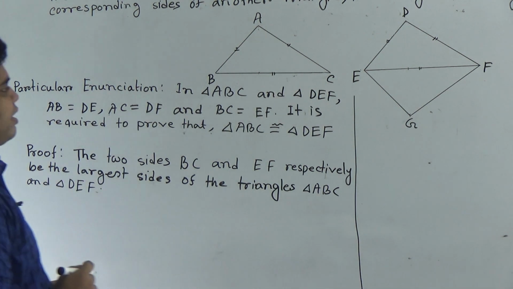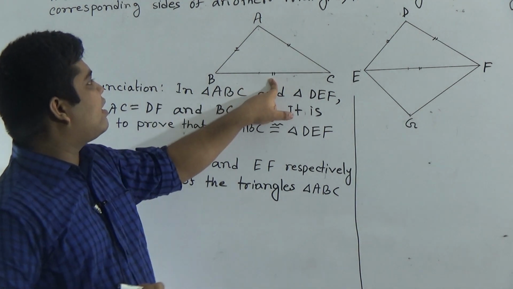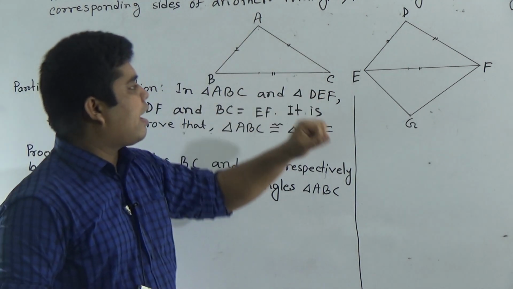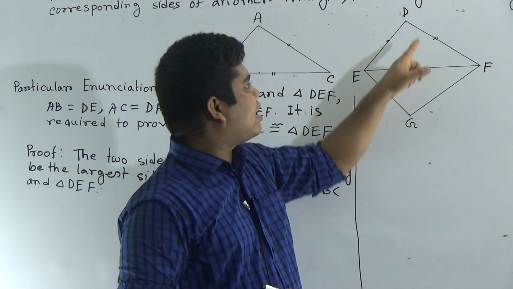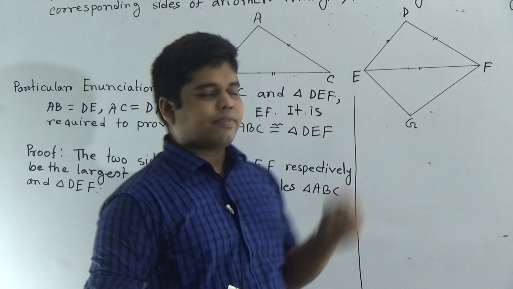I hope you have understood. That means BC is the largest side of ABC and EF is the largest side of the triangle DEF.